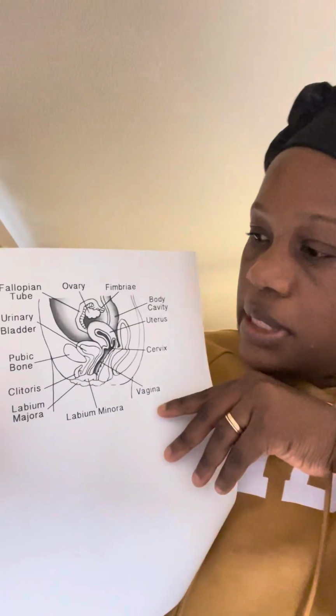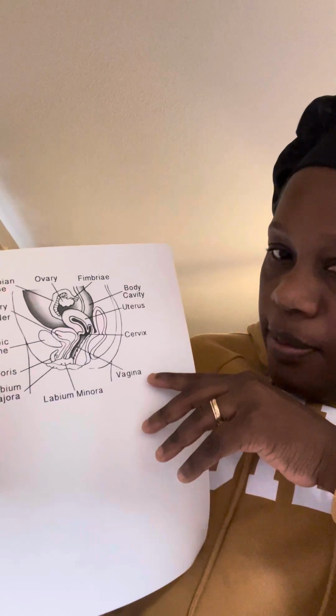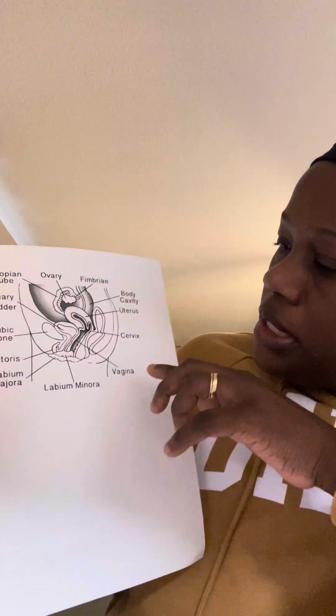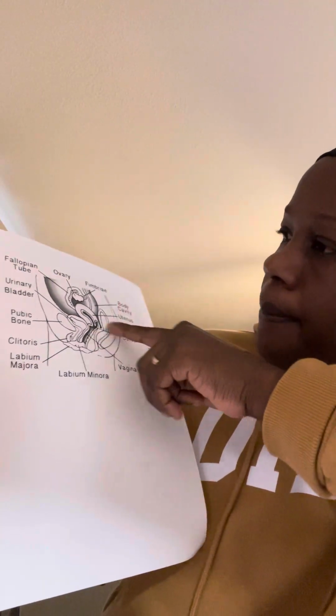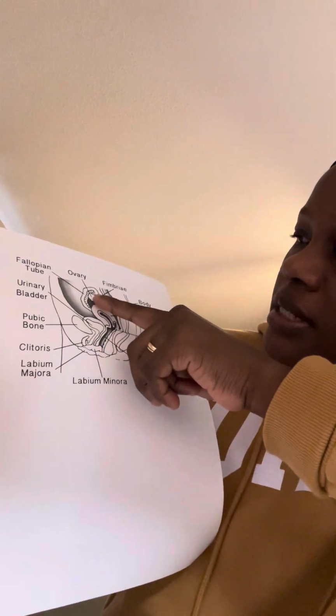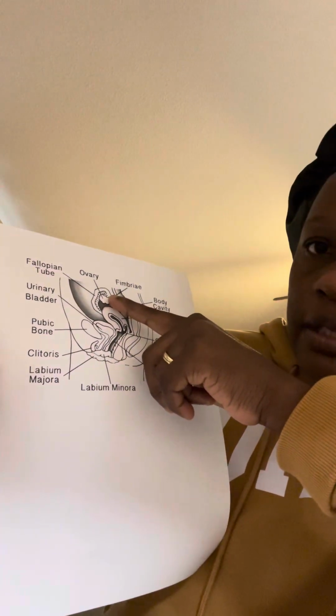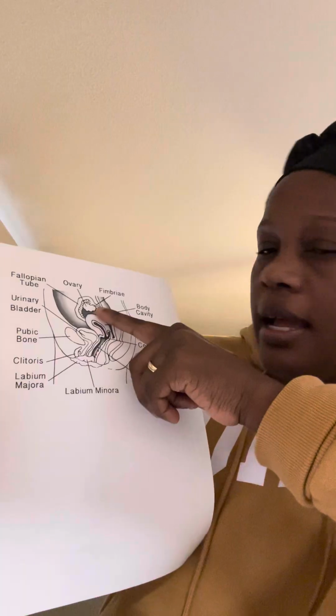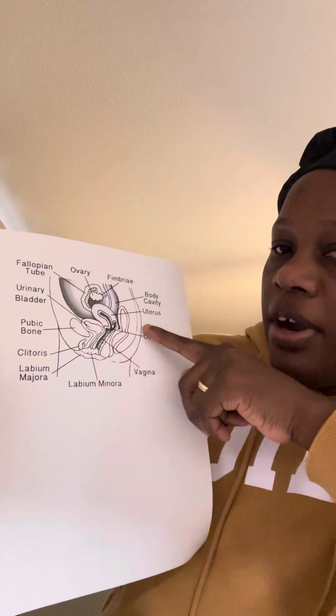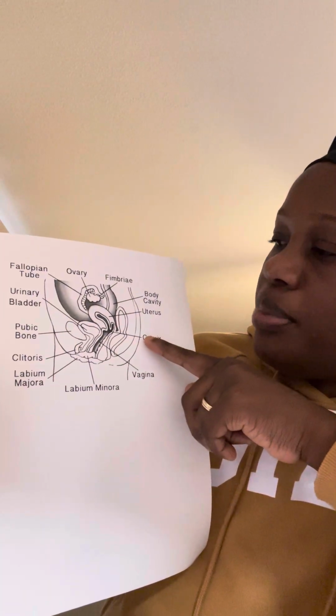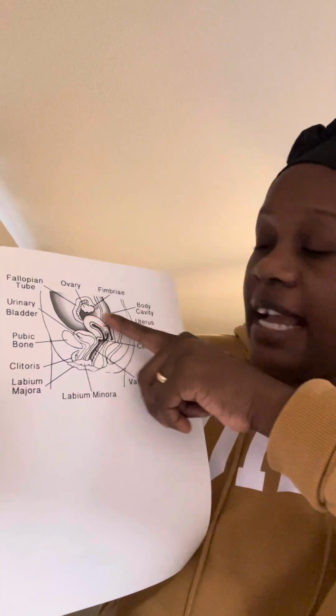So this is the female reproductive system. We have the ovaries, these here. The ovaries produce the oocyte, which is the egg.